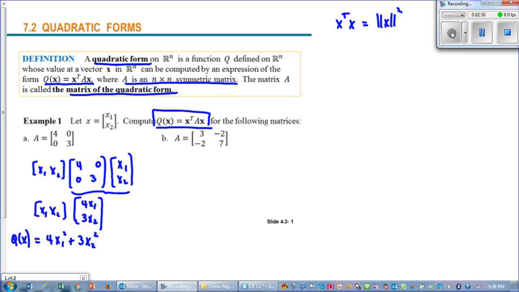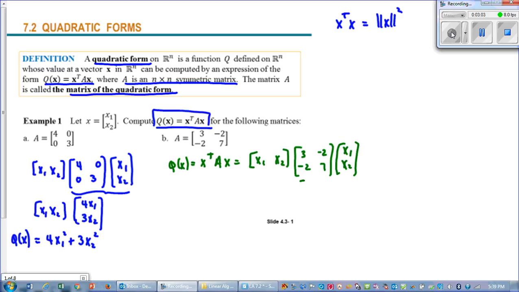Okay, so now let's find the quadratic form for this new matrix A. So q of x is x transpose Ax. We're using x1, x2. Our matrix is going to be symmetric, and it's a 2 by 2. Okay, multiplying the last two together first, I get 3x1 minus 2x2, and minus 2x1 plus 7x2.